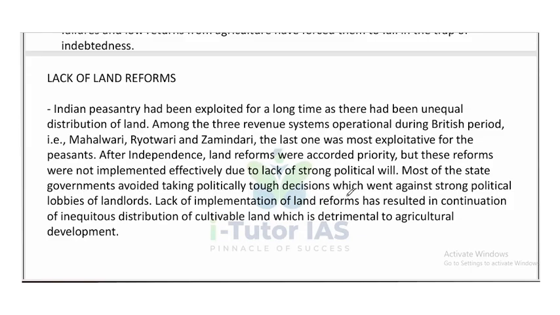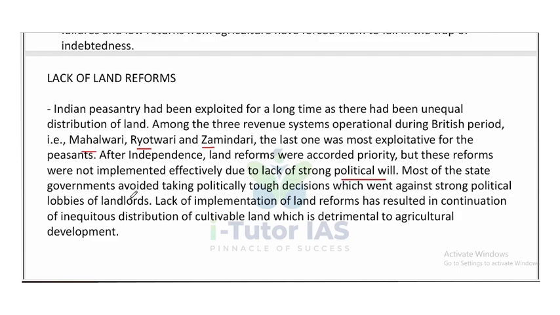Now, lack of land reforms. Indian peasantry had been exploited for a long time as there has been an unequal distribution of land among the three revenue systems operational during the British period, that is Mahalwari, Raitwari and Zamindari. The last one was most exploitative for the peasants. After independence, land reforms were accorded priority, but these reforms were not implemented effectively due to lack of strong political will.